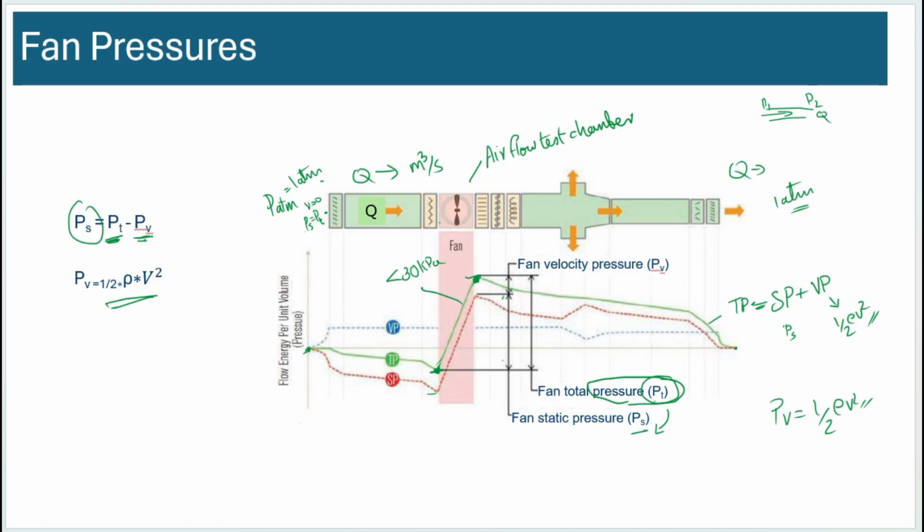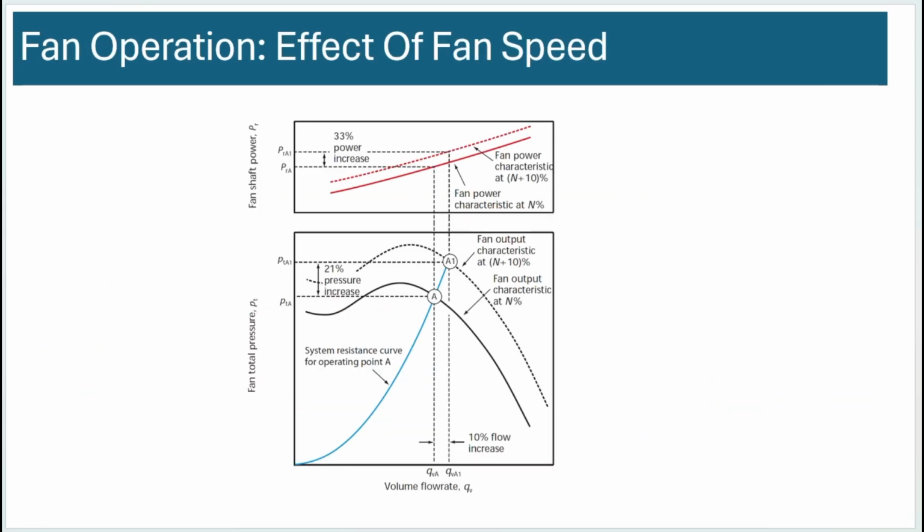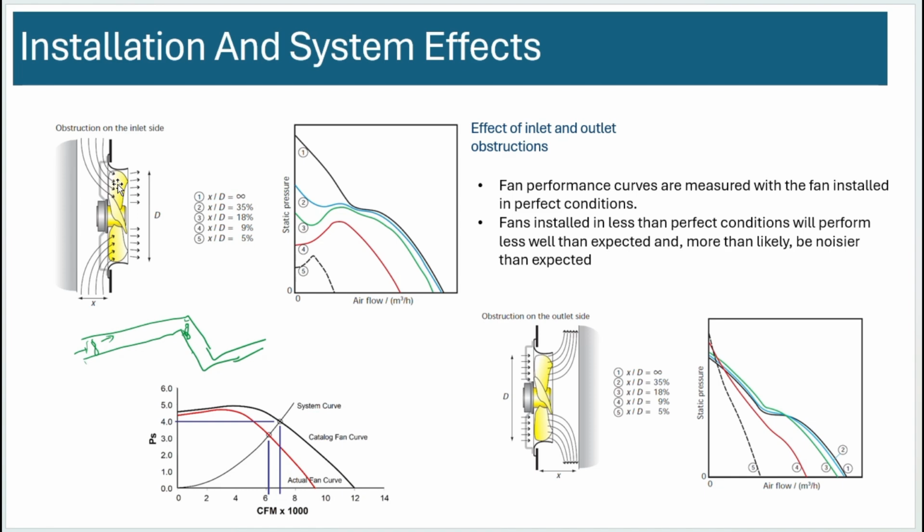But when you install it in a very non-ideal condition, where the fan is really close to a back wall or a wall in the front, where the flow is not straight entering or leaving the blade, then the fan curve does not represent the actual fan curve.